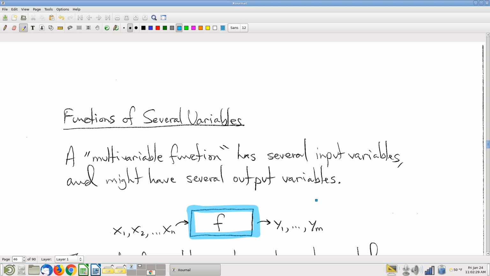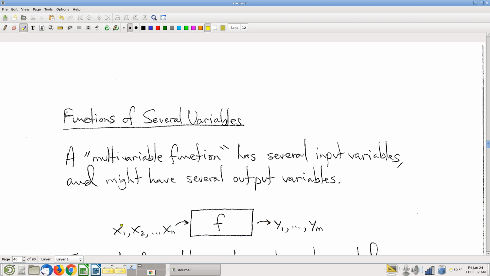This just generalizes and says, well, what if you have several numbers going in? Several variables that are input variables for this one function. And what if perhaps you have several output variables that come out of this function? We'll write down a bunch of examples of this in a few minutes, and talk about how this kind of thing shows up in the real world routinely. Anyway, this is what we call a multivariable function.